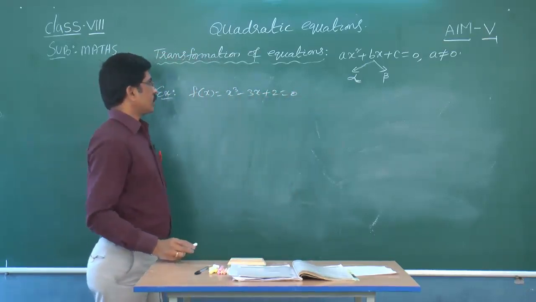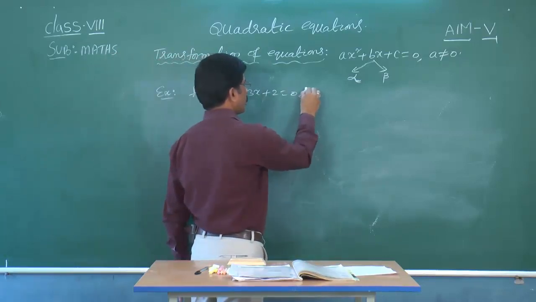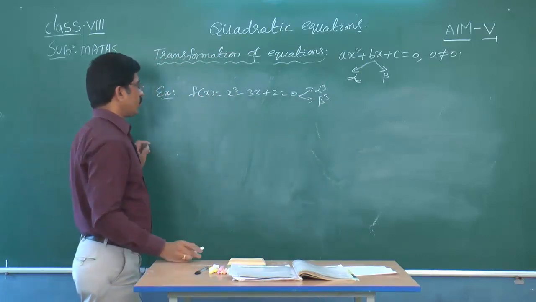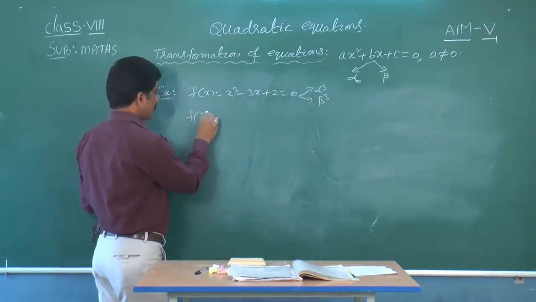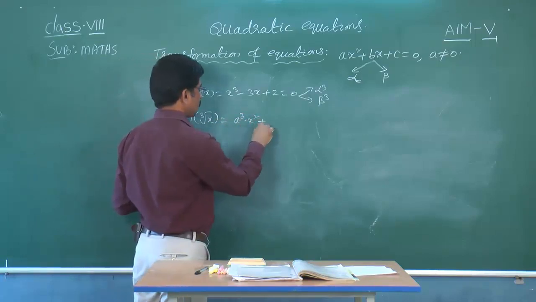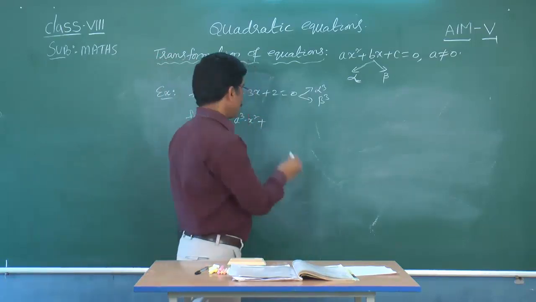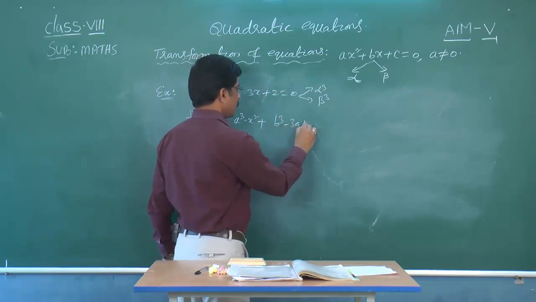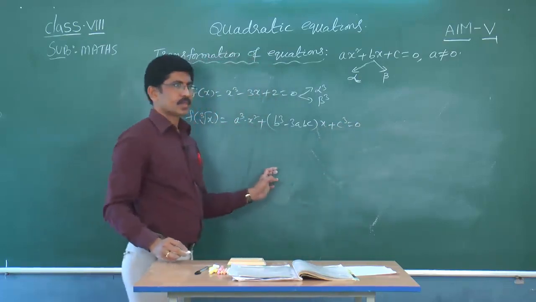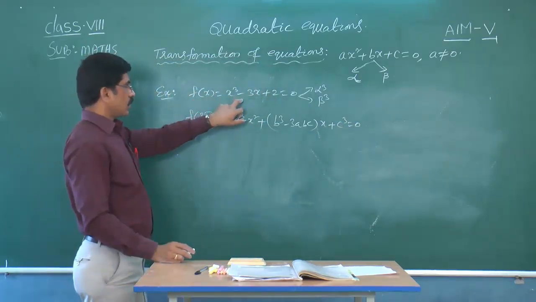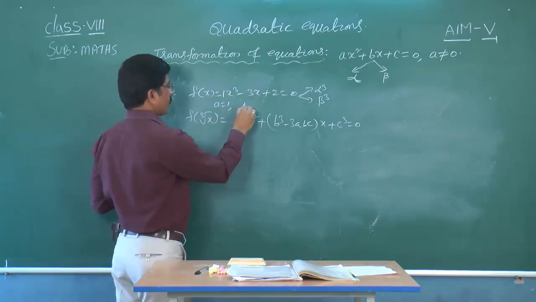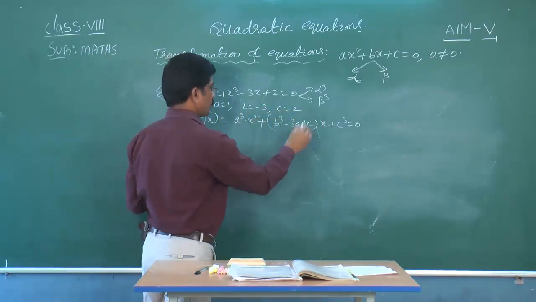When roots are cubed, alpha cube, beta cube, what is the required equation? It is a cube x square plus b cube minus 3abc into x plus c cube is equal to 0. In that equation, a is equal to 1, b is equal to minus 3, c is equal to 2.